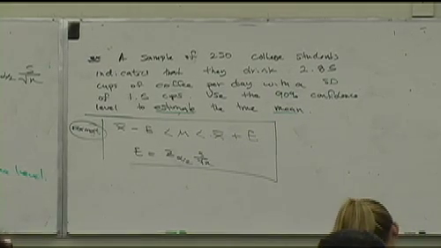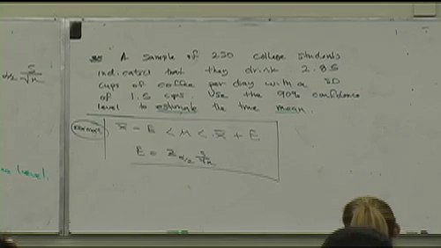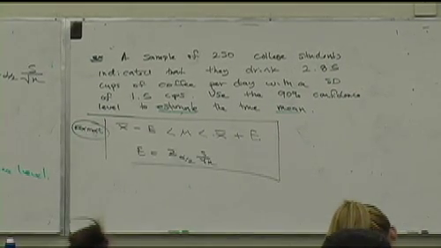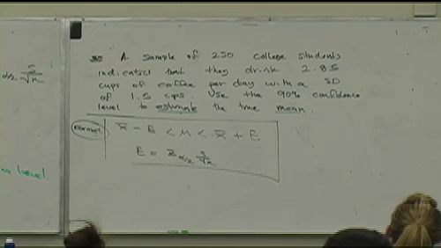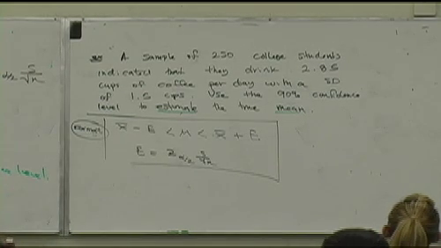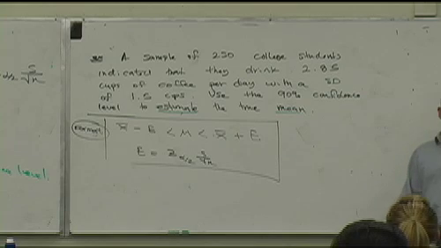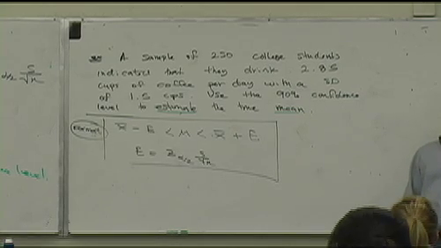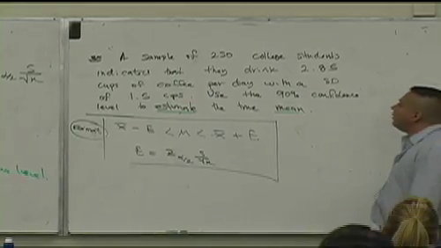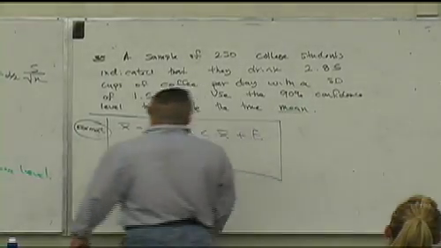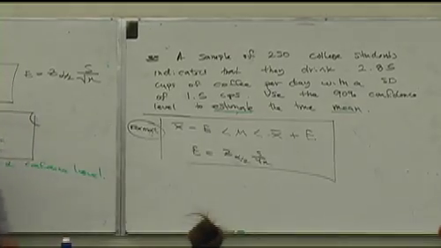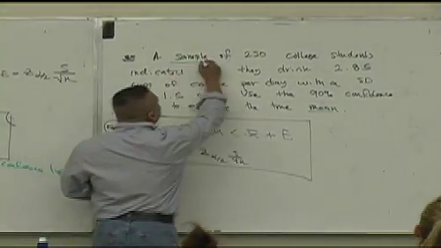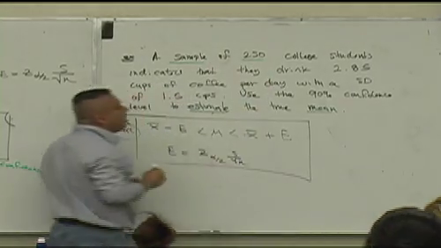Okay? So what do you have to identify again? The sample mean. Okay, do you guys see sample mean anywhere? Why are you going to say that the sample mean is 2.85? Let's think about this. All they indicated was that you had a sample of what? 250 college students.